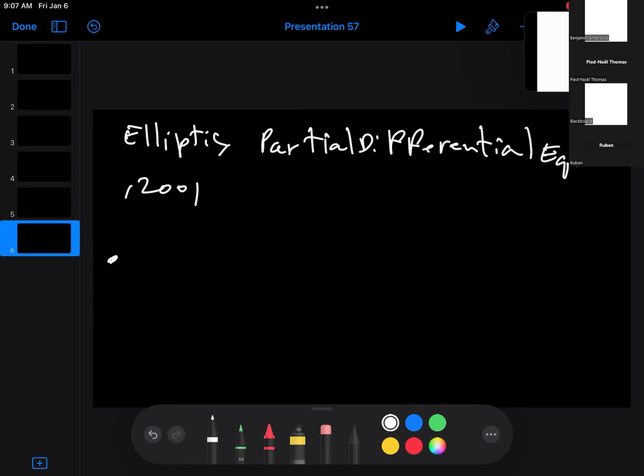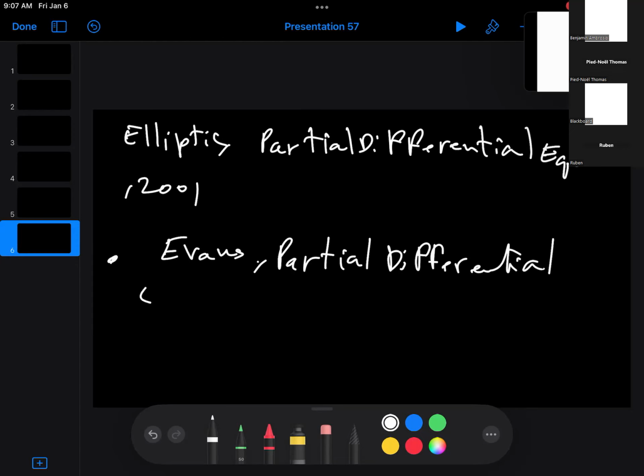You have also the book of Evans. It's Partial Differential Equations, published by AMS, the American Mathematical Society, and it's also 2010.